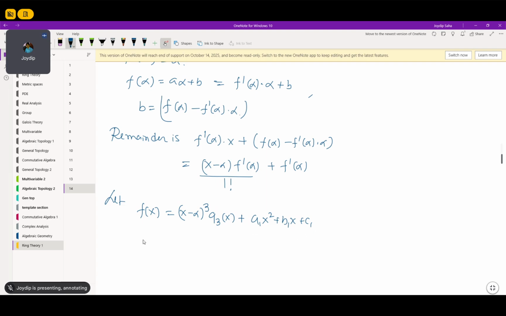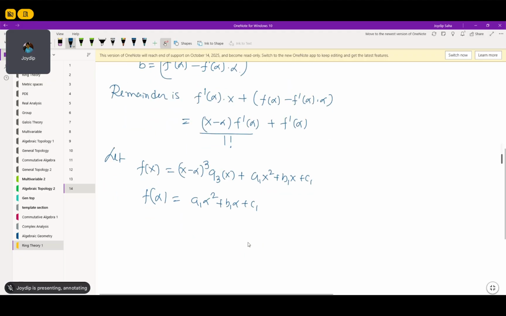So I can say f(alpha) is a1 alpha^2 + b1 alpha + c1. So what is f'(x)?